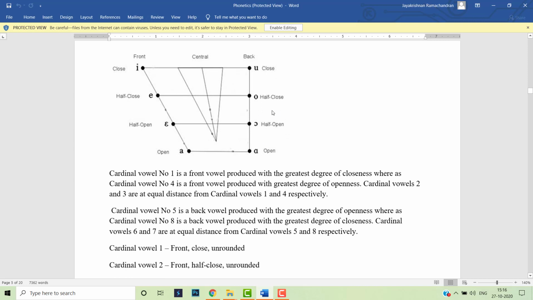This is cardinal vowel number 7, a back vowel, half close rounded. This is u. The 8th cardinal vowel is a back, close vowel and it is rounded. So cardinal vowels 6, 7 and 8, these three are rounded and the rest are unrounded.